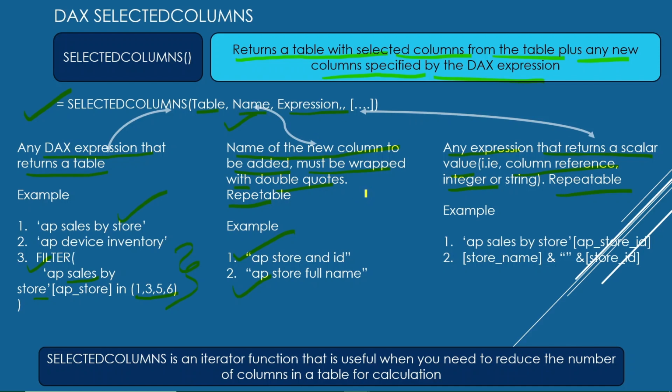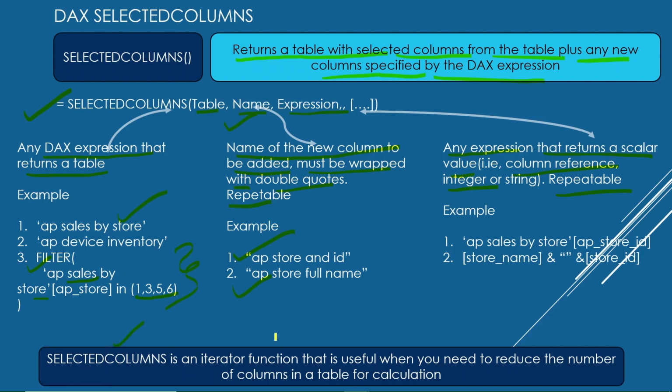For this, we can use any scalar value, maybe a measure, or if you want to take a value from a different table's column, we can provide the reference of that column, or if we want to put a static value of integer type or string type, we can do it.